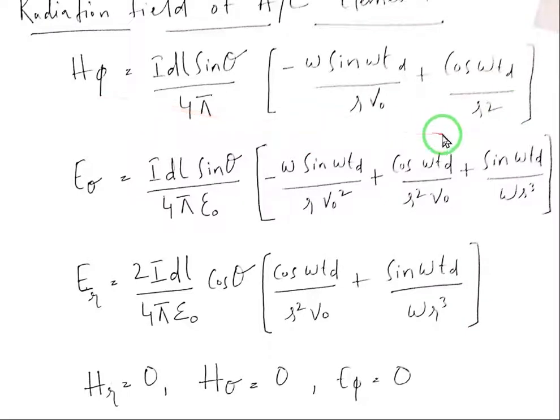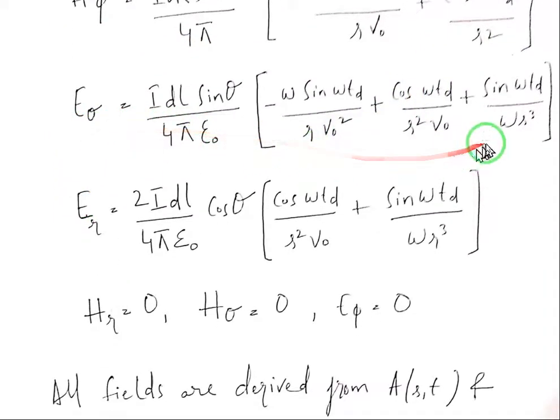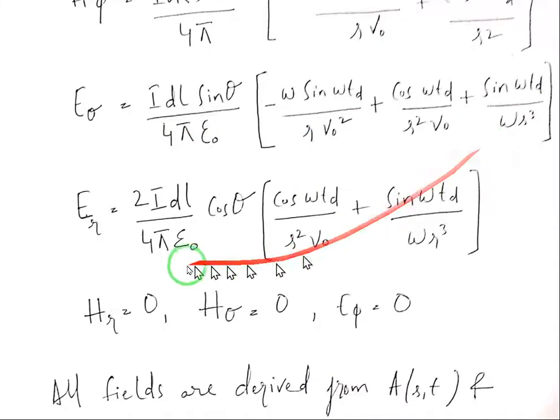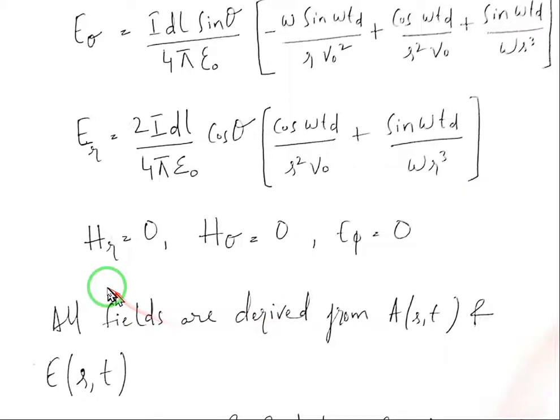This is the value for H phi, and that is the value for the E theta, and then the value of the ER. The other values are considered to be zero as they are retrieved as zero in the derivation.